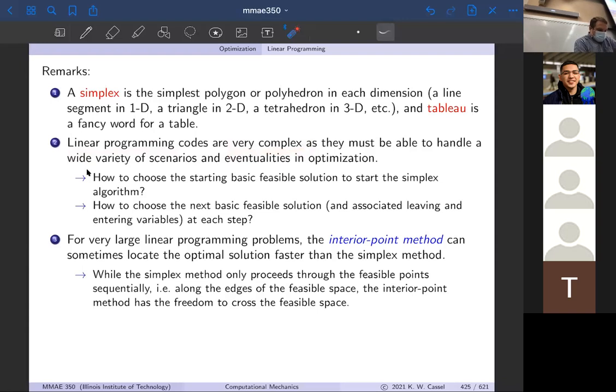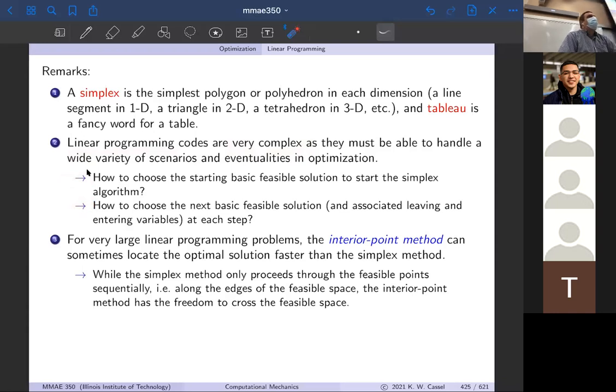So there's a bunch of additional questions. How do you choose the starting basic feasible solution to start your algorithm, which I haven't addressed at all. I just started with A because it's the first letter in the alphabet, which is a really dumb way to make that decision. So the first big decision is, how do you know where to start? And then as you go from point to point, how do you choose the next basic feasible solution?